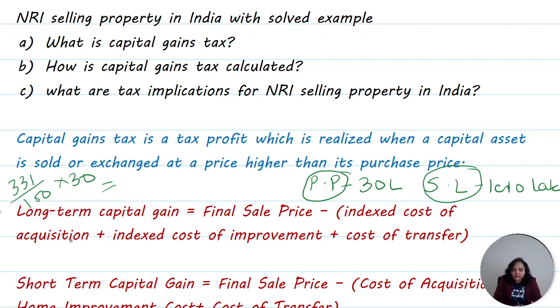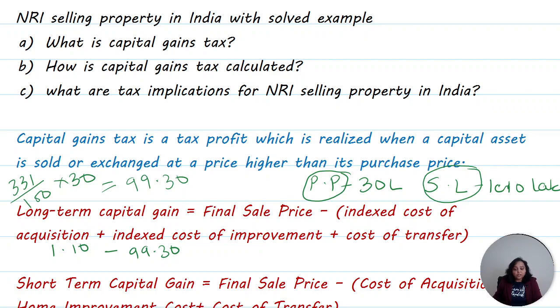Now, what this gives you is 99.30. So, inflation adjusted cost of acquisition will be 99 lakh 30,000, and you will have to pay capital gains on 1 crore 10 lakhs minus 99 lakh 30,000.